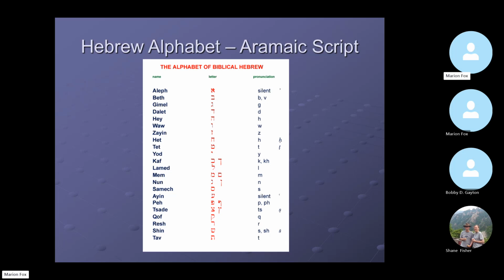Also, this letter right here, let me get my mouse to come back. It can look a lot like this letter right up here. They look a whole lot alike, this one's squared and this one's kind of rounded. That becomes a little bit of a problem for us. The resh kind of goes curly a little bit on top.